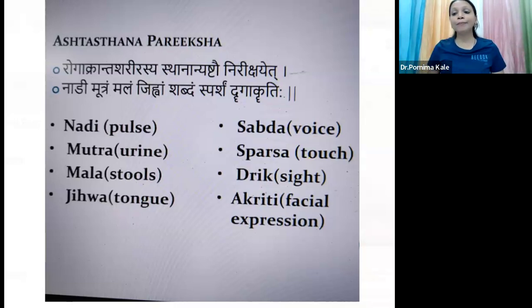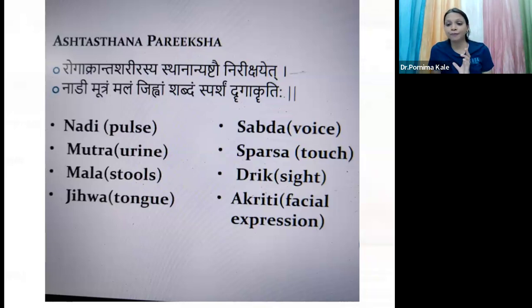Okay, in some patients the voice becomes harsh, or in some patients the voice becomes एकदम slow हो जाता है. Then आपको पता चलना चाहिए कि that patient can have chronic inflammation, or can be suffering from some chronic disease. In long term diseases, the voice becomes slow and suffering.